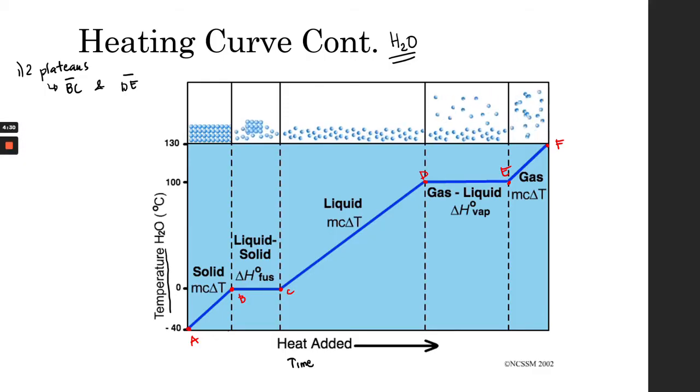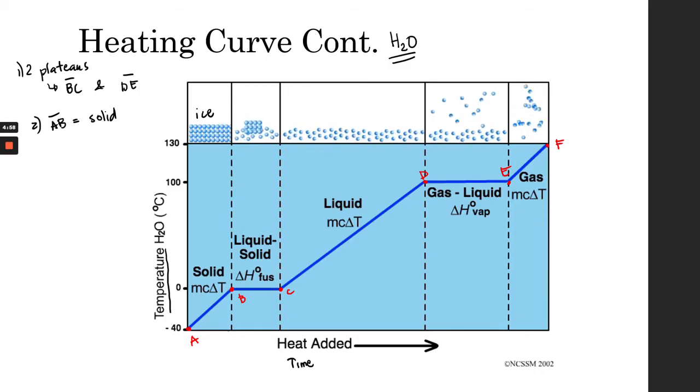First, let's talk about segment A to B. What is happening at segment A to B? At this point, the particles are solid. In this case, since this is water, this is ice. You can see the particles at the top right here. The particles are all compact, meaning they are in solid form.